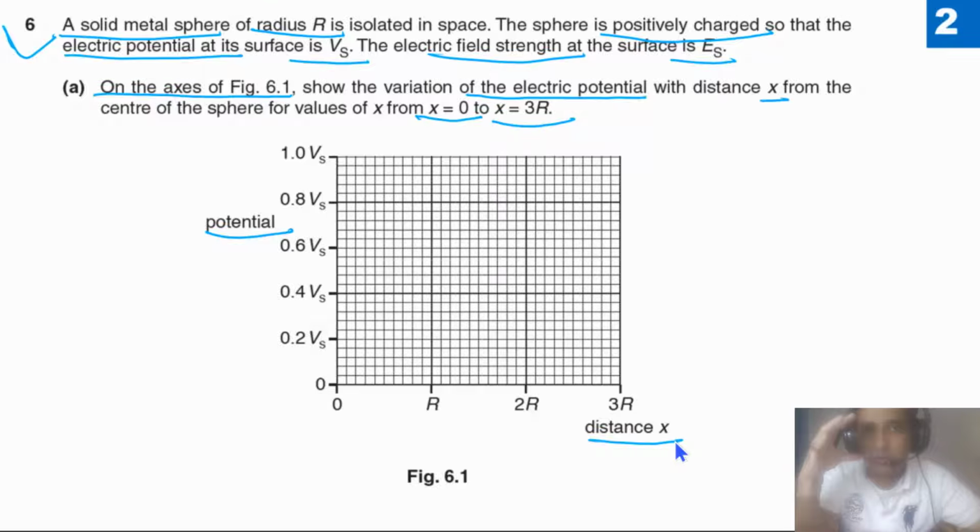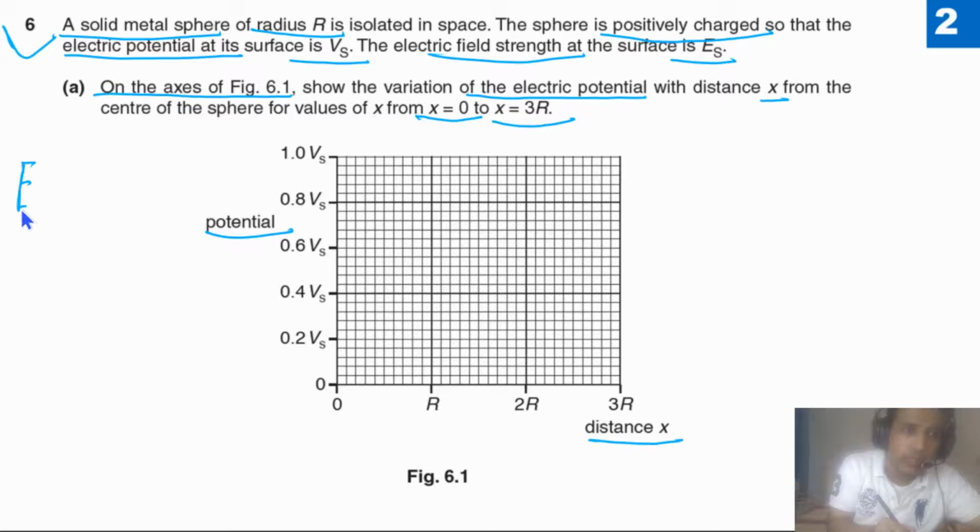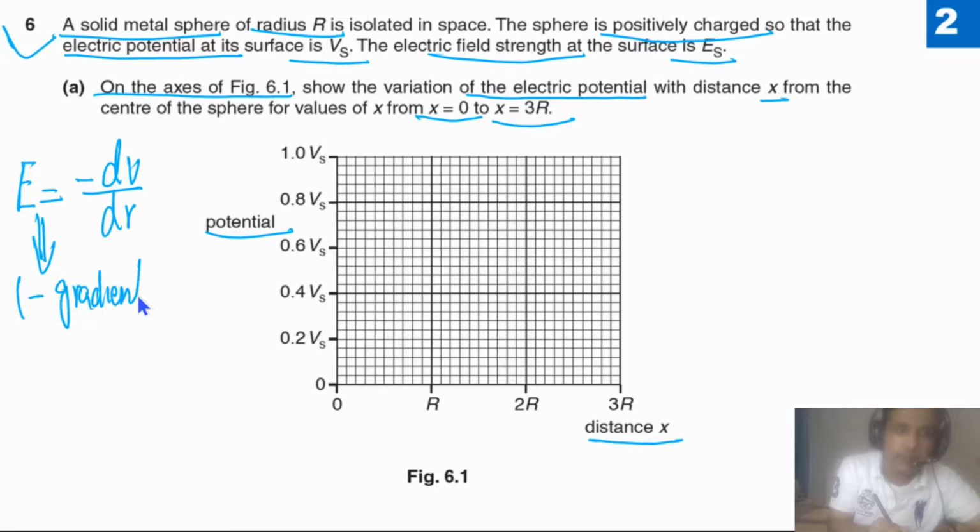In order to sketch this graph, we need to understand the relationship between electric field and potential difference. Electric field is equal to minus dV by dr. It simply means that electric field is equal to the negative gradient of the V-r graph.